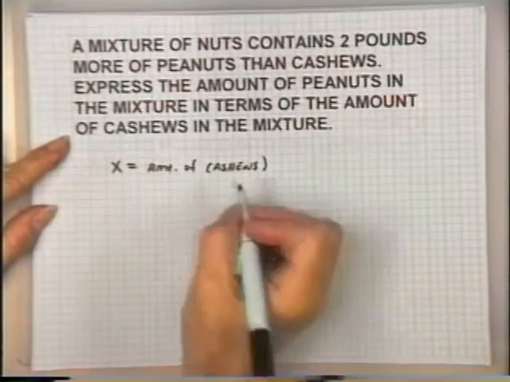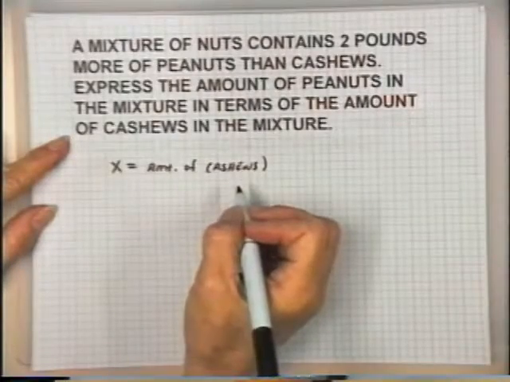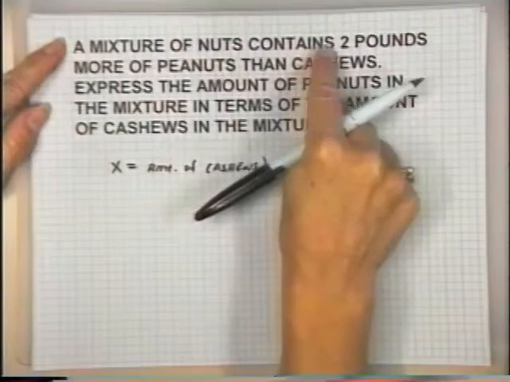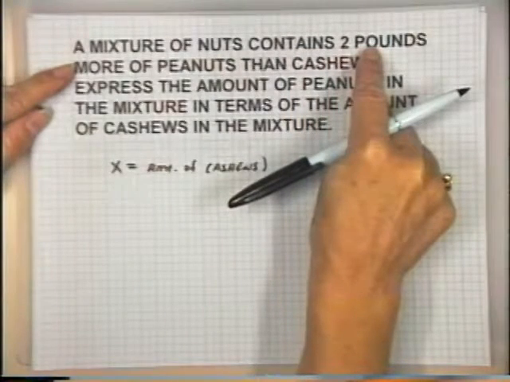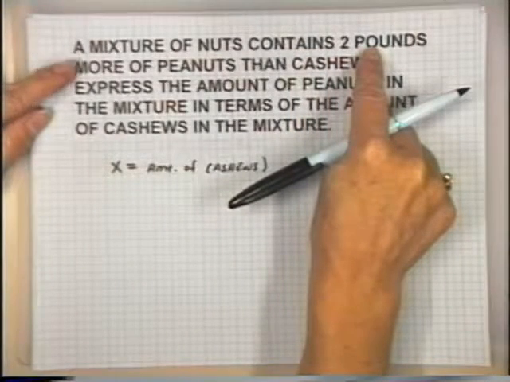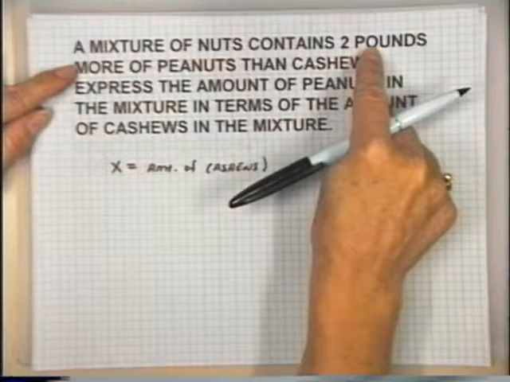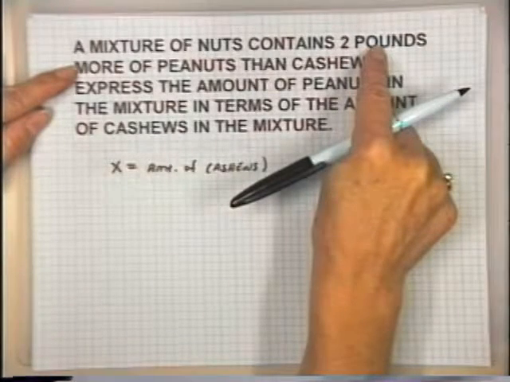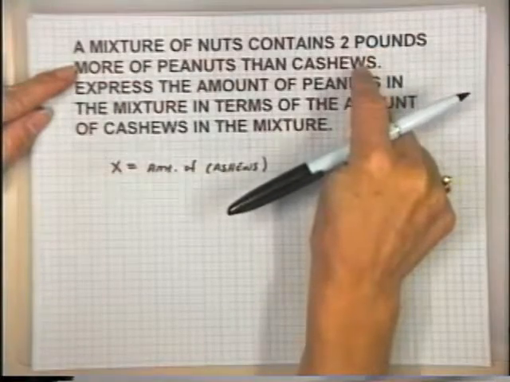Now what we're going to try to do here is to write down an expression for peanuts. Let's go back up here. The mixture contains 2 pounds more of peanuts. 2 pounds more means that we're doing what? We're adding to. We have 2 pounds more of peanuts than cashews.